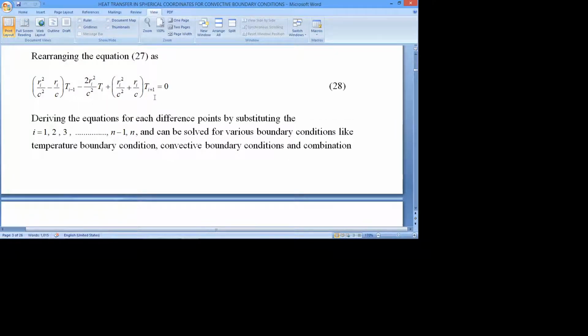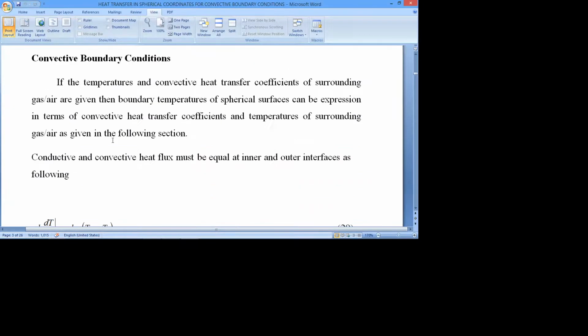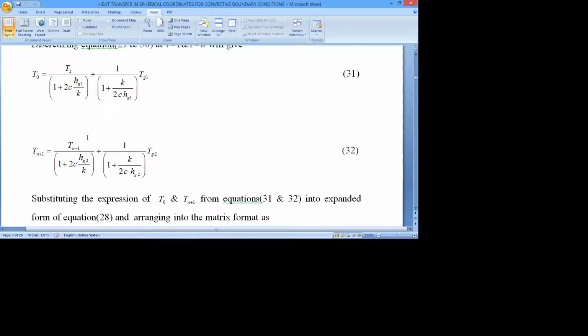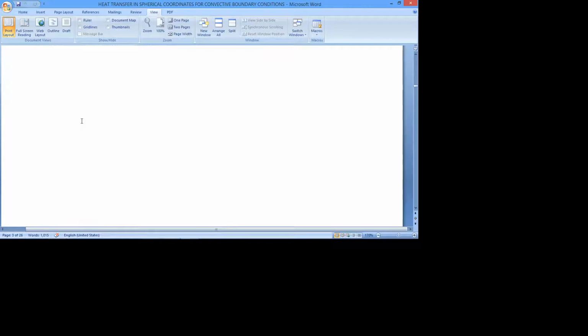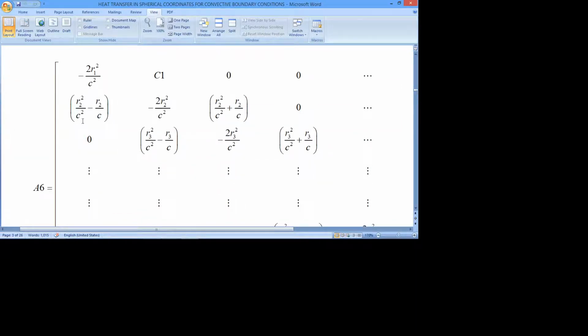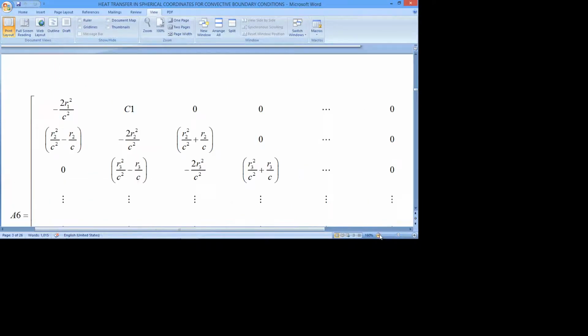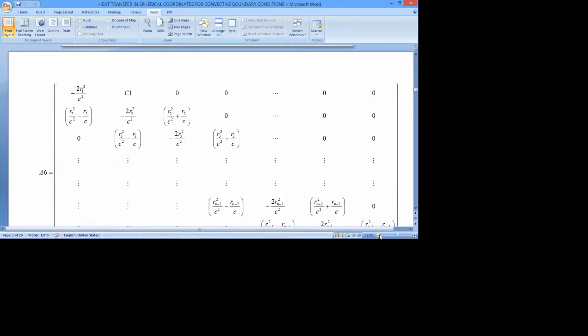You write it for i equal to 1, then i equal to n, then substitute these values of Tn plus 1 and T0, and finally we end up with the matrix A into T equal to B, where the matrix A is given by this one.